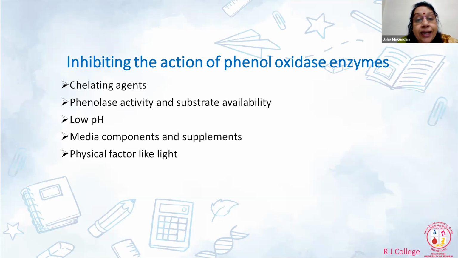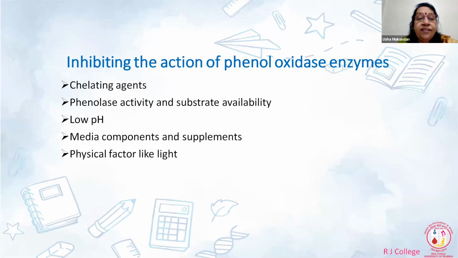And if the pH is slightly lowered, then the enzyme becomes non-functional. So the active sites are not available, substrate binding will not take place, and enzyme activity will be lowered, or it will be negligible. So that is another method of inhibiting the enzyme activity.